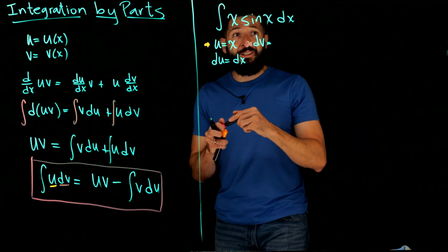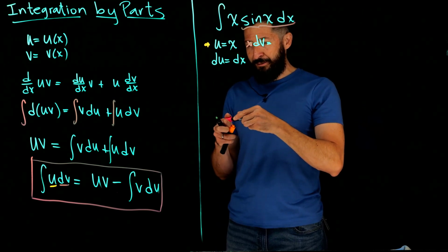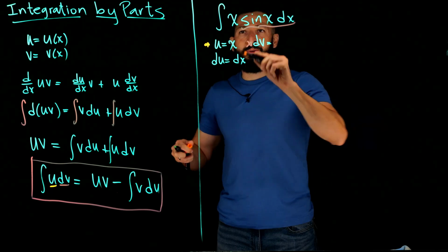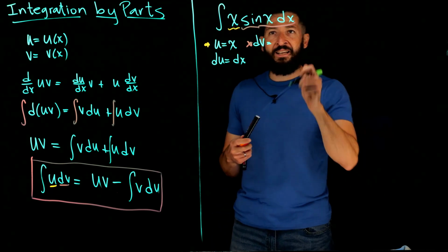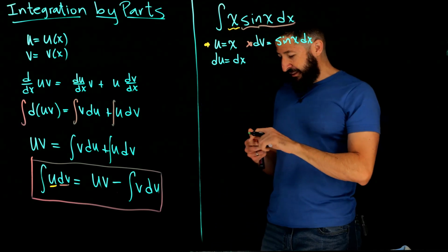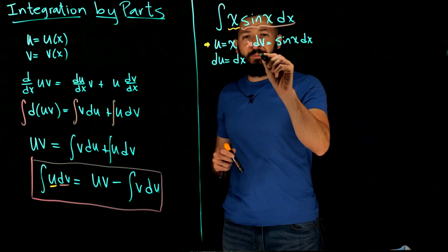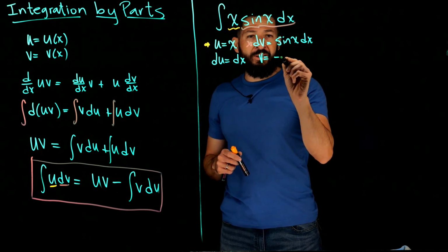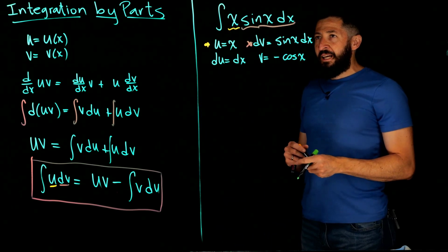Whatever is not the u has to be the dv. And since I picked u to be x, dv has to be the whole thing, sine x dx. If I have the dv and I want to get v, I have to integrate both sides, or take my antiderivative there. So it's going to be the negative cosine x. That's going to be v.